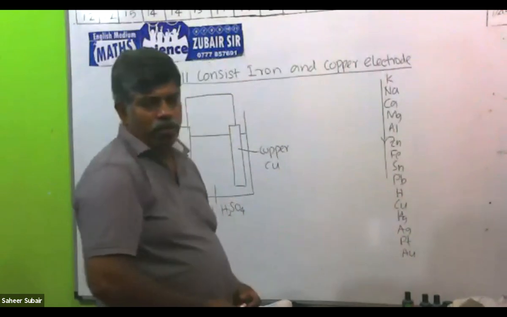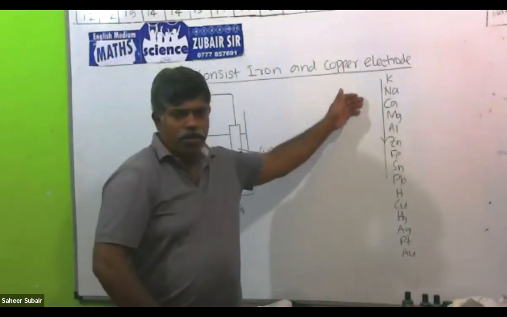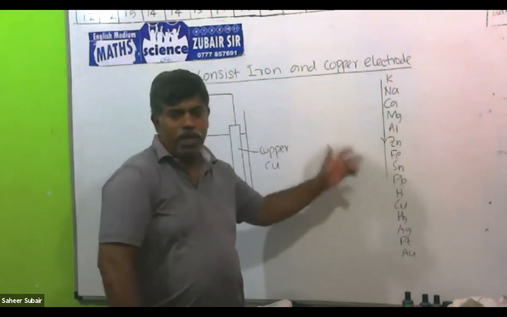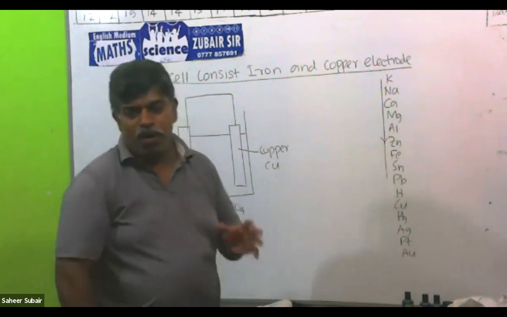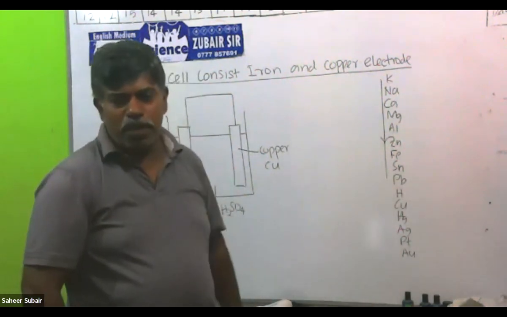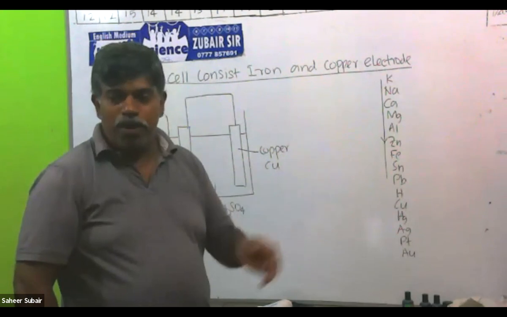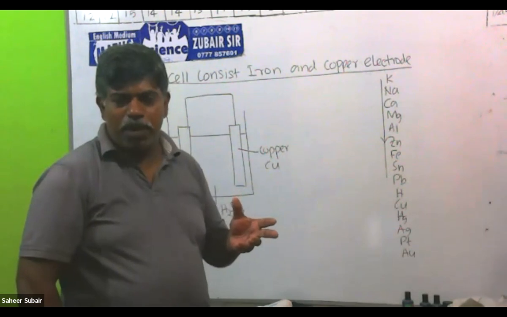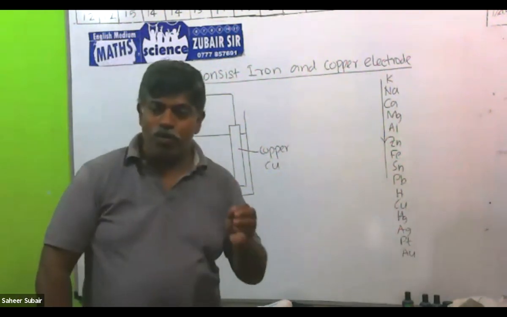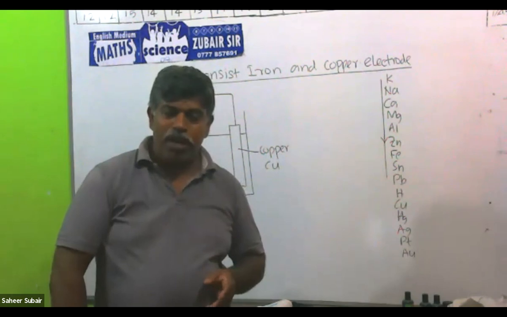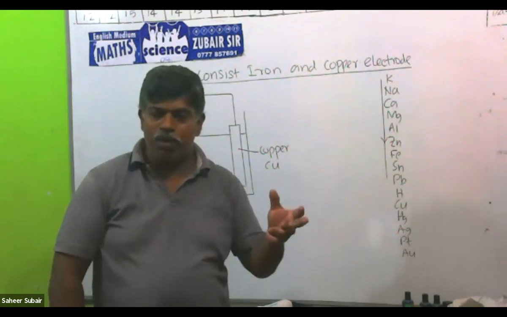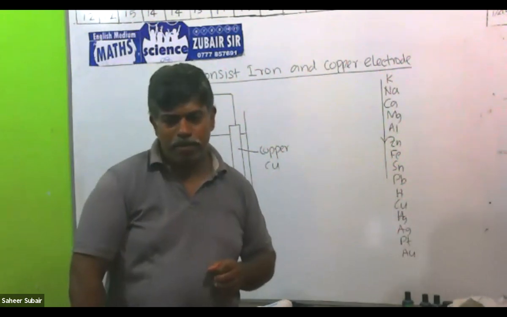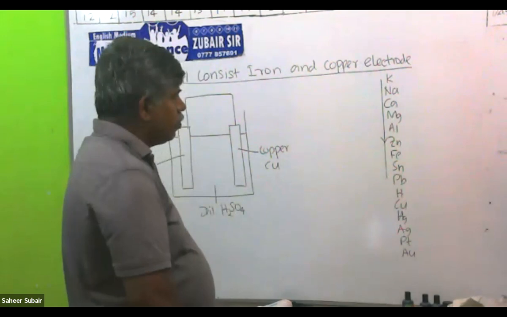Potassium, sodium are highly reactive. Others are of low reactivity. So descending order, not ascending order. You could have heard potassium and sodium are stored in the laboratory inside kerosene oil, paraffin oil. When you put it to water, it reacts very fast. We can't keep them out because they react with the moisture and air. Because of that, they are stored in paraffin oil. You can ask the scientific reason.